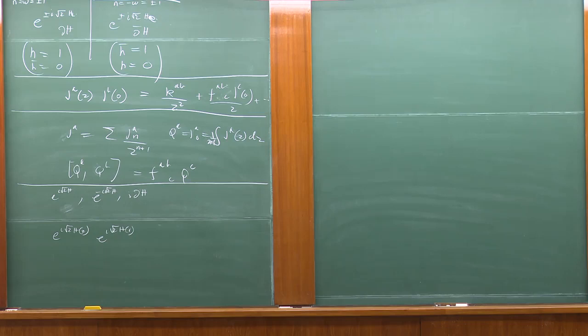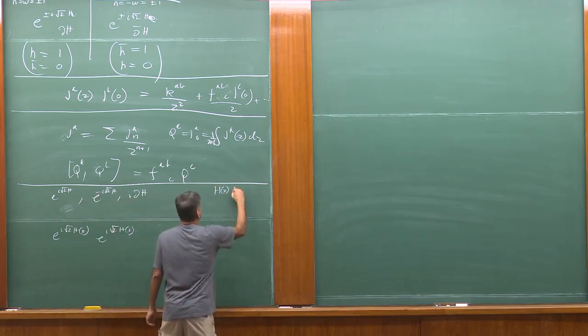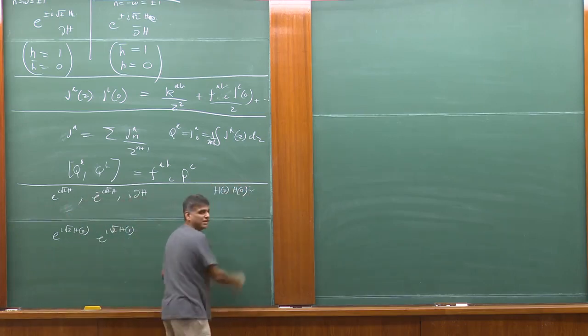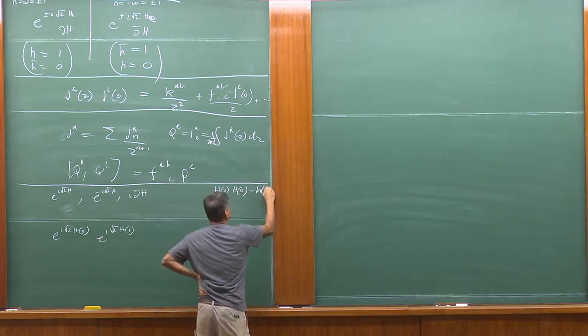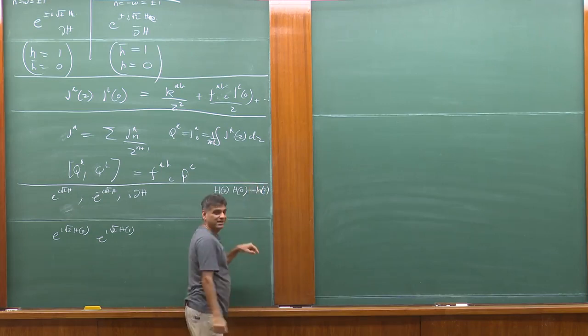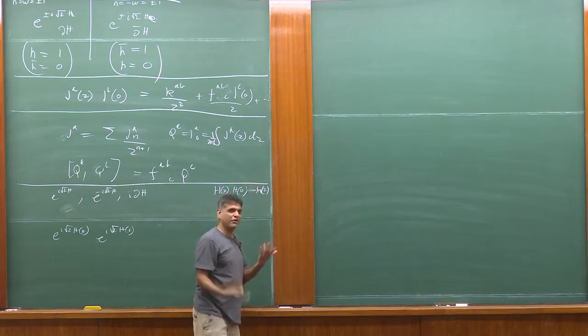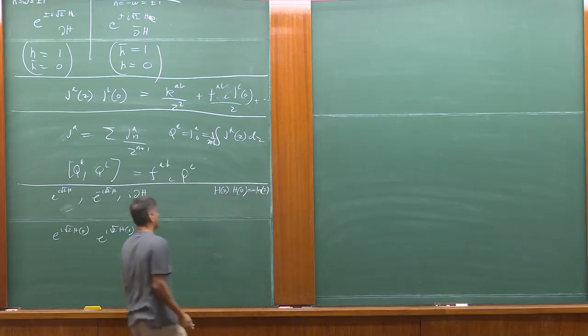That gave you the factor. Now the 2-point function of H of z with H of 0. Somebody remind me, was it half? It was log of z with a minus, and what was the factor behind this? Alpha prime by 2, and therefore 1. Thank you. It was minus this.